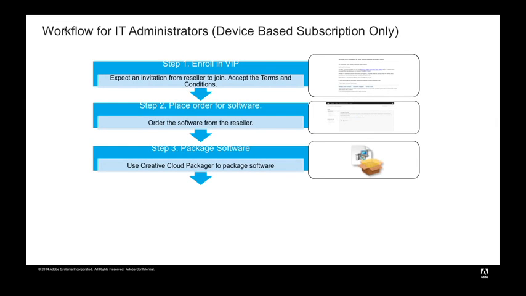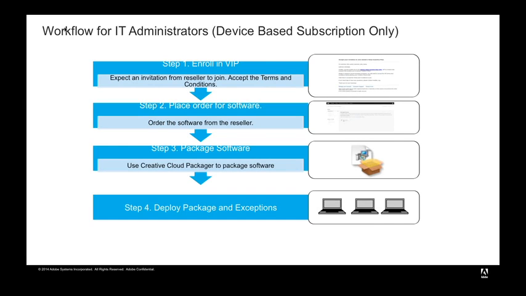Bytes places that on Adobe, and then you'll see within Adobe Licensing Web Service, LWS, you'll see your license entitlements and the packager tool. So you would download the Creative Packager tool to that clean admin system, and you would have your serial numbers in LWS, and you're ready to deploy those device-based licenses out to your users.